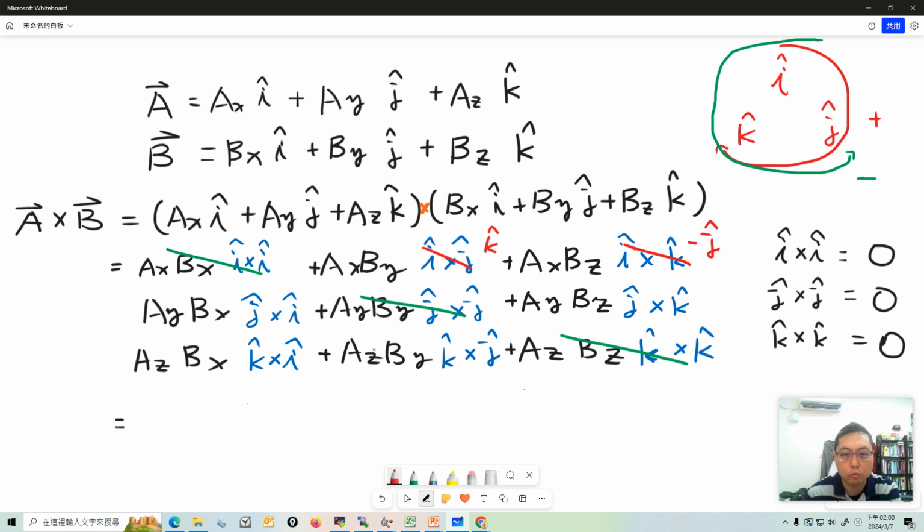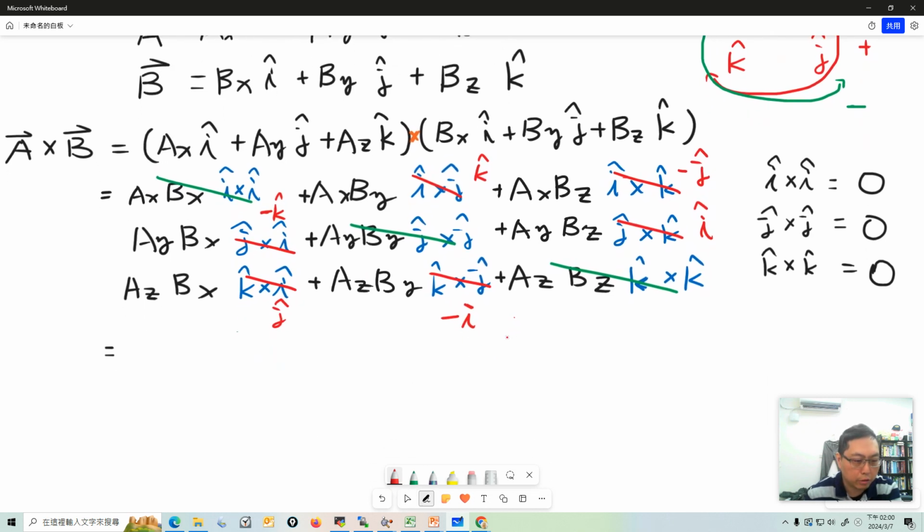J cross I is the green direction, so it is negative K. And J cross K is the red direction, and it's positive, so it's I. K cross I is the red direction and positive, so it becomes J. And K cross J is the green direction, negative, so it equals minus I.